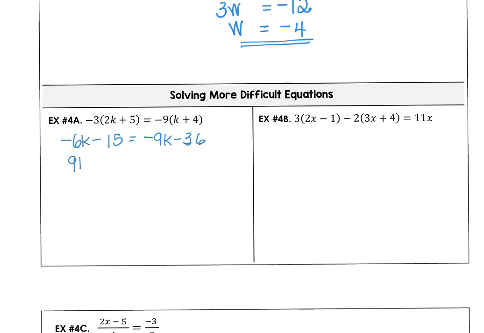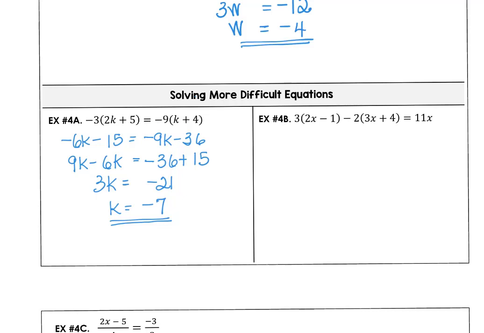I want to add 9k to the -6k, and I want to add 15 to the -36. So we got the k's on the left and the constants on the right. 3k equals -21, and 3 divides -21 -7 times.